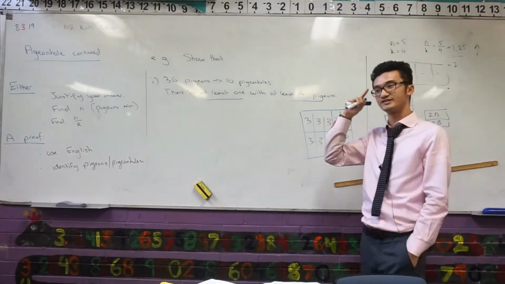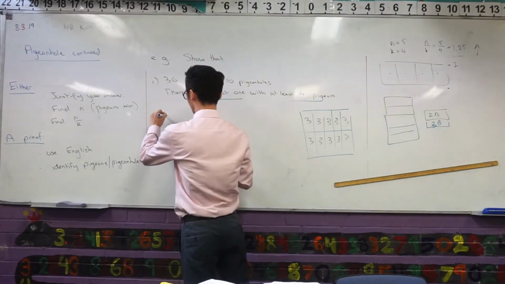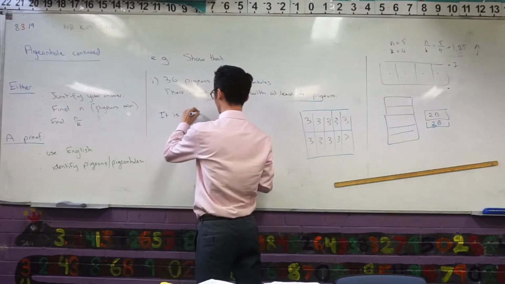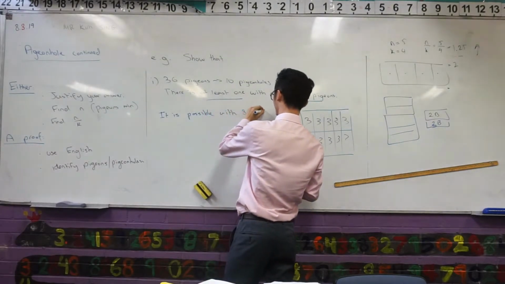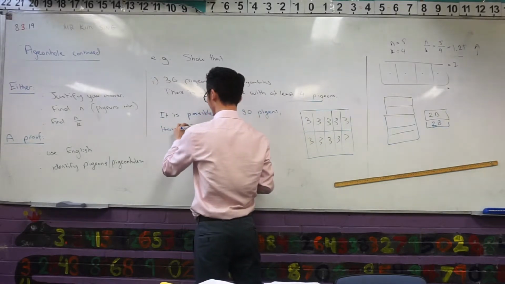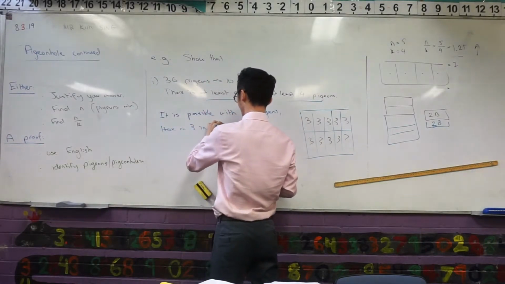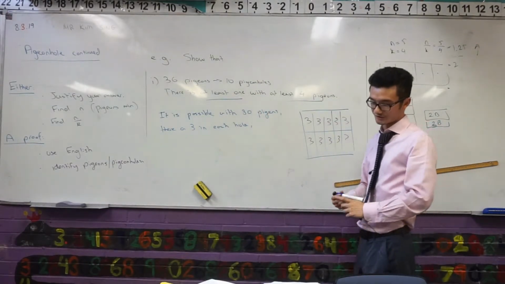Because this is to show that I understand what's actually going on here. It is possible that with 30 pigeons, there are 3 in each.